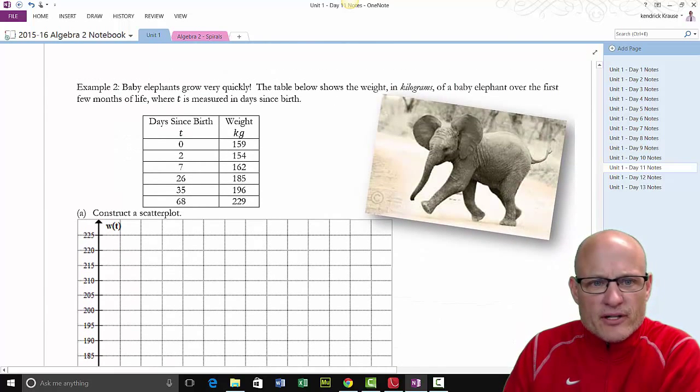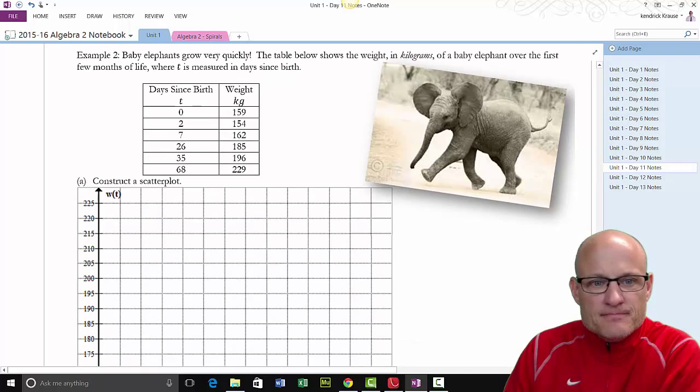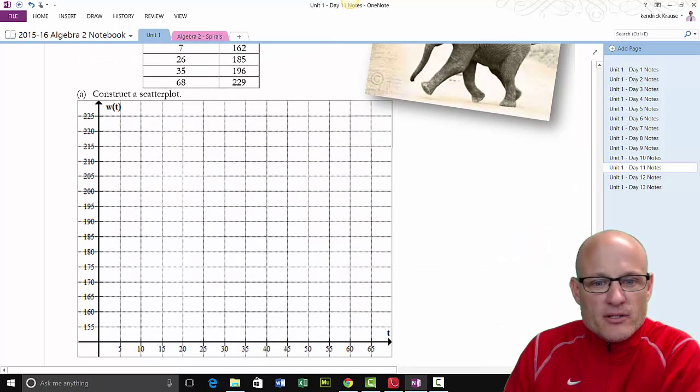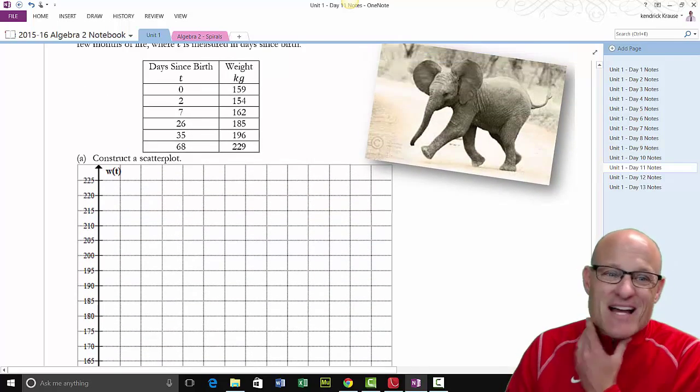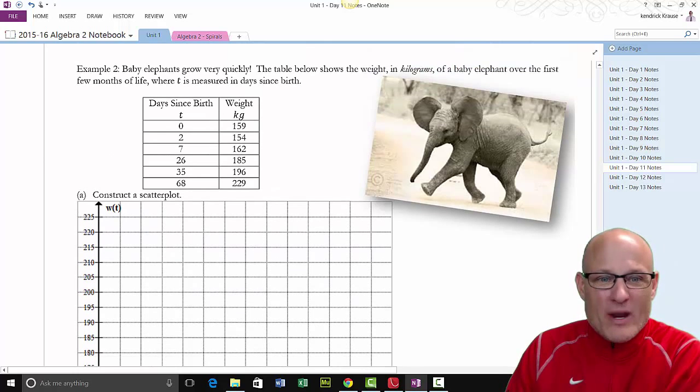Baby elephants grow very, very quickly. Now, this one's better written. Time in days and weight in kilograms.